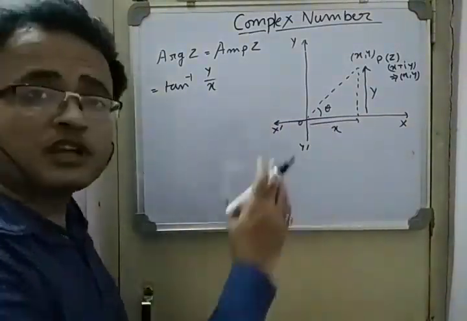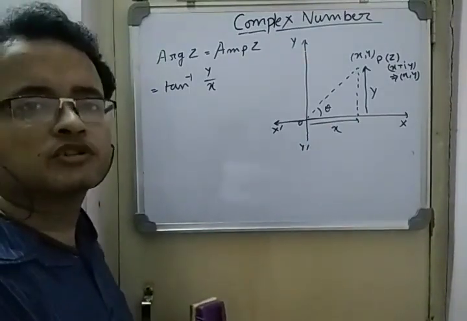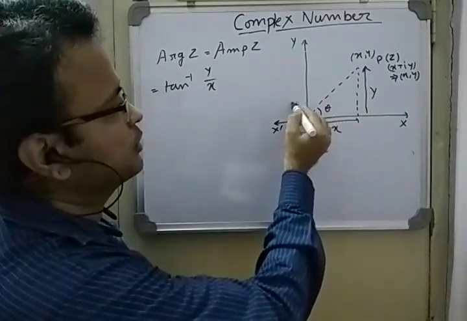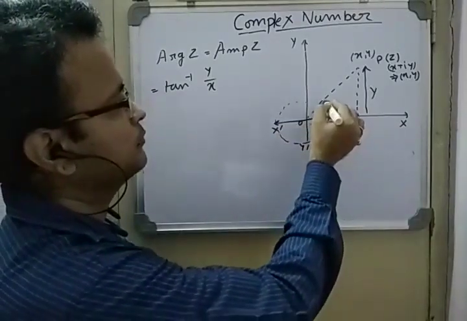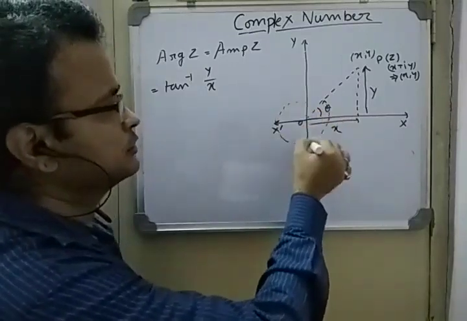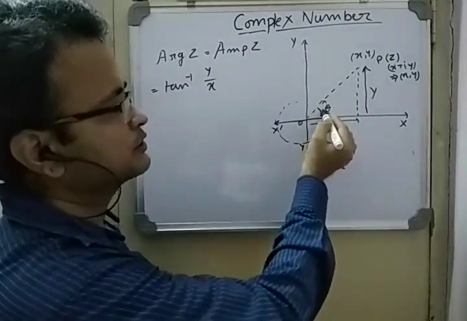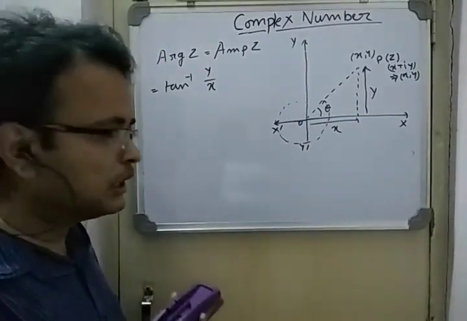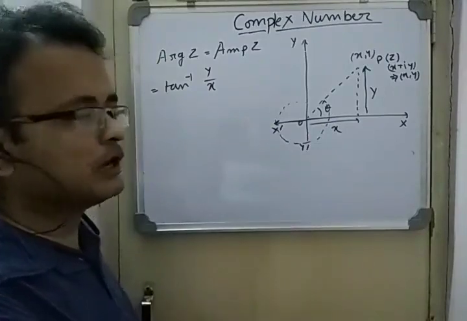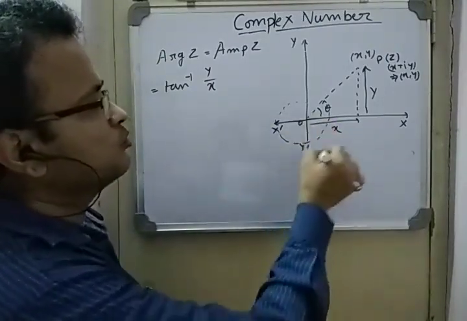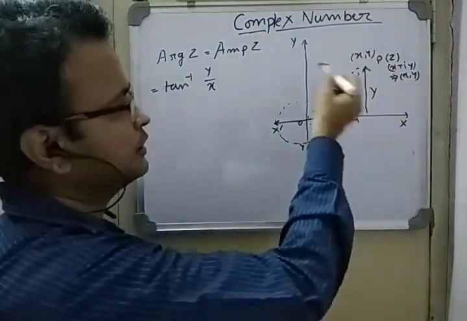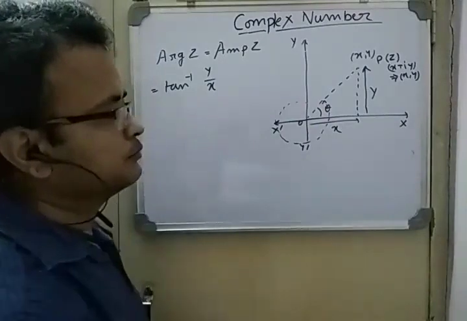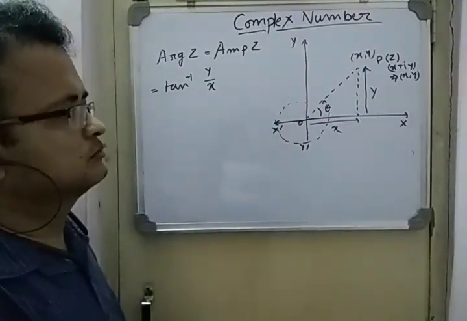Now see, theta can have an infinite number of possible values. Why? If theta is, suppose, 30 degrees, and I rotate 2 pi, that is 360 degrees, and come back here, it will be 2 pi plus theta, which is the same as theta. Similarly 4 pi plus theta. If you add 2 pi, it stays in the first quadrant with the same angle with the positive real axis. So there are many values.